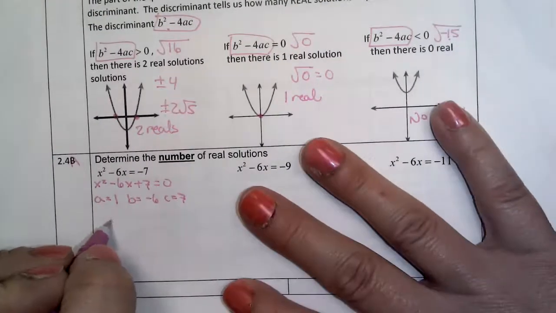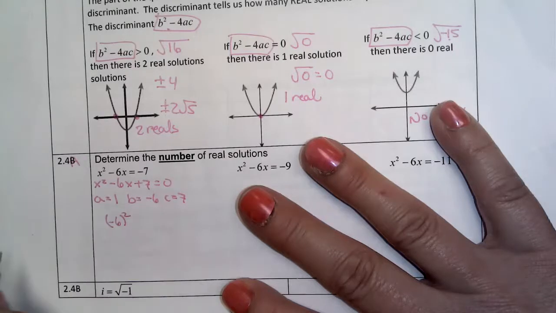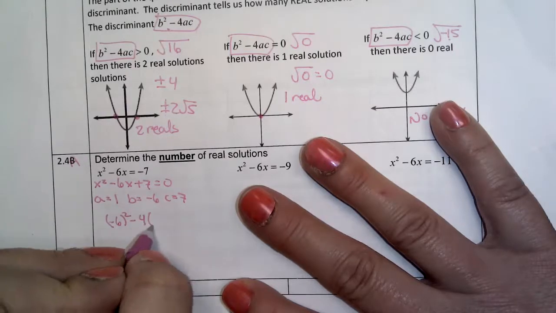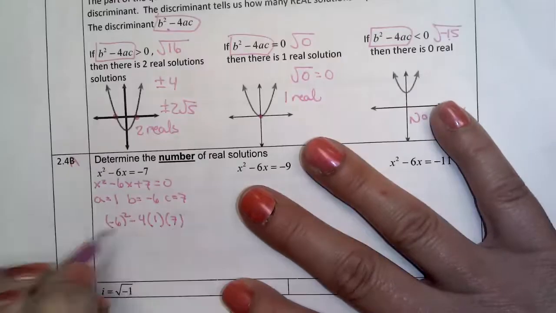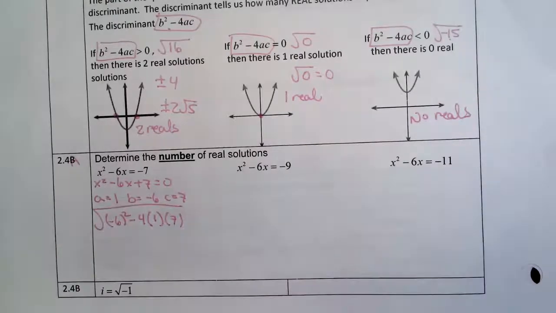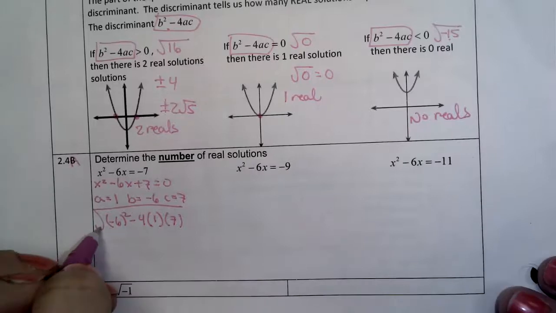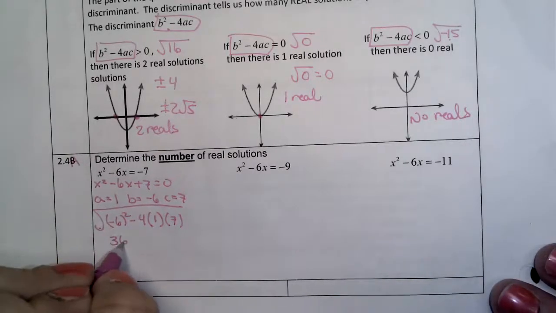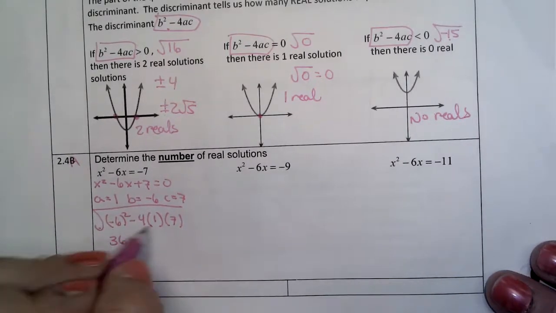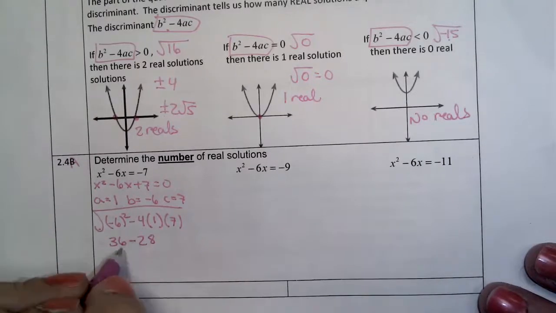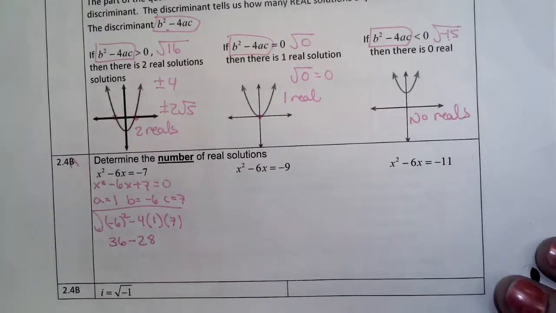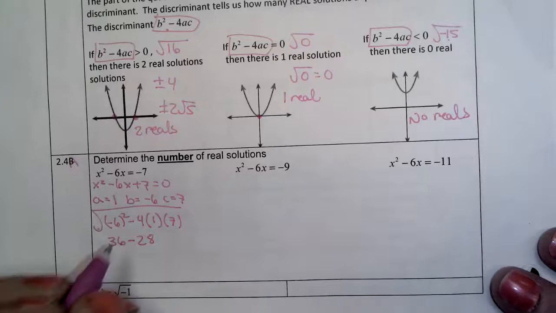So I'm going to do B squared, so negative 6 squared minus 4 times A times C. So remember, I'm just doing what's under the radical. The radical is not really part of the discriminant, but I'm just reminding you, you're doing what's under the radical. So that's going to be 36 minus 4 times 7, which is 28. And 36 minus 28 gives us 8.